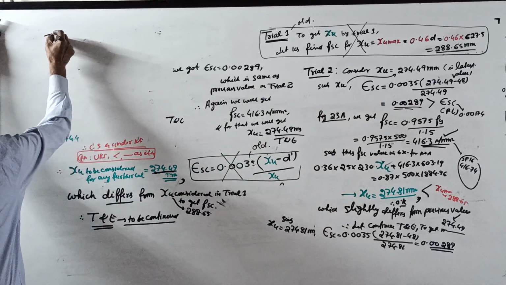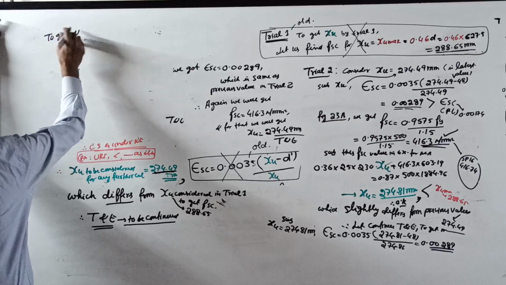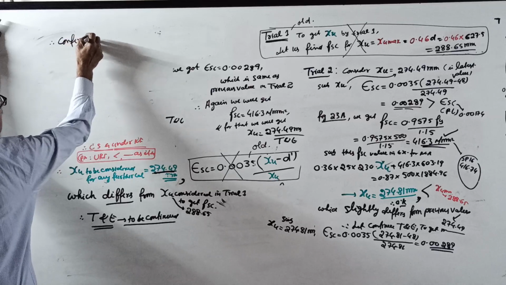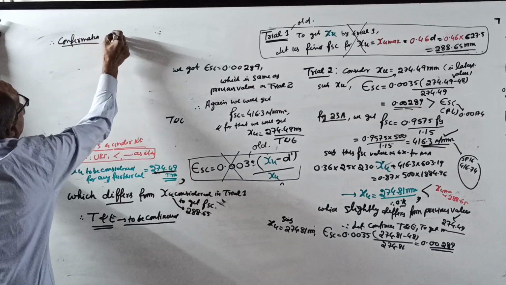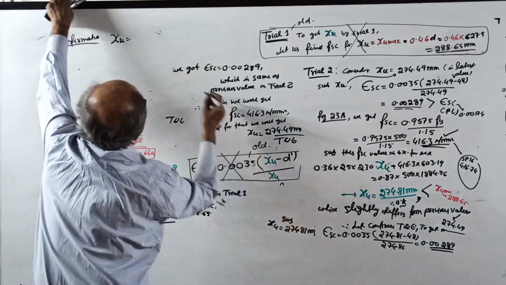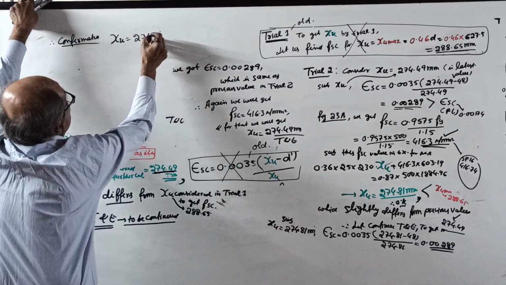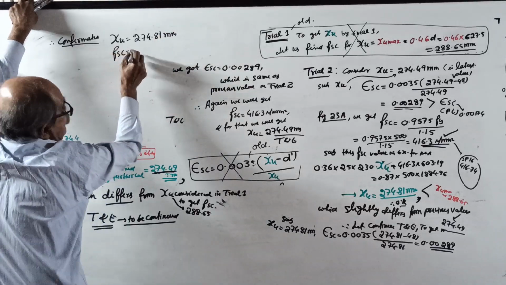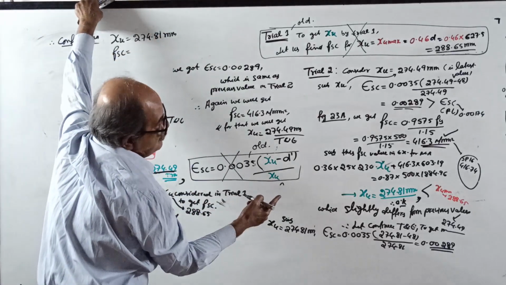Therefore, to get ultimate MR, before that, final confirmation. Our final XU equal to confirmed value, where is it? 274.81 millimeter, and FSC equal to confirmation. Where is FSC?